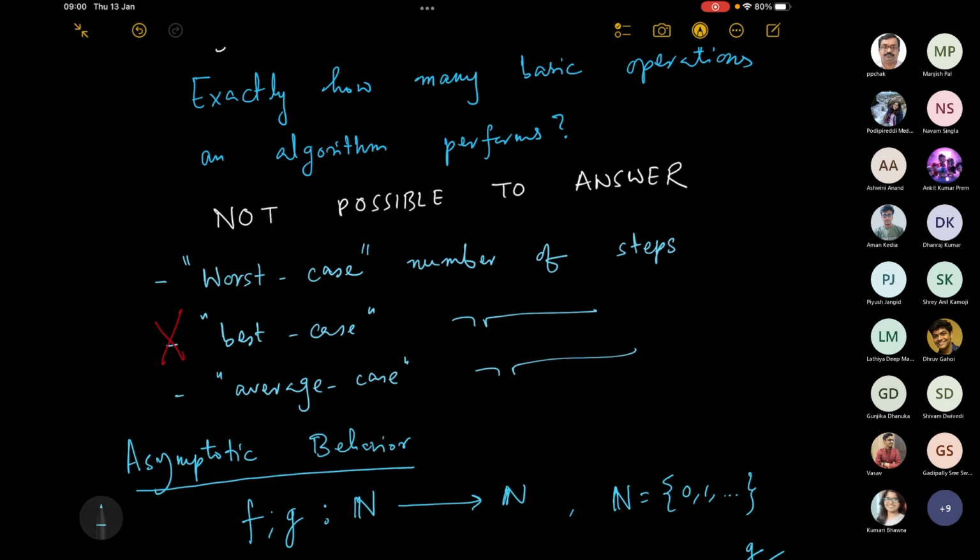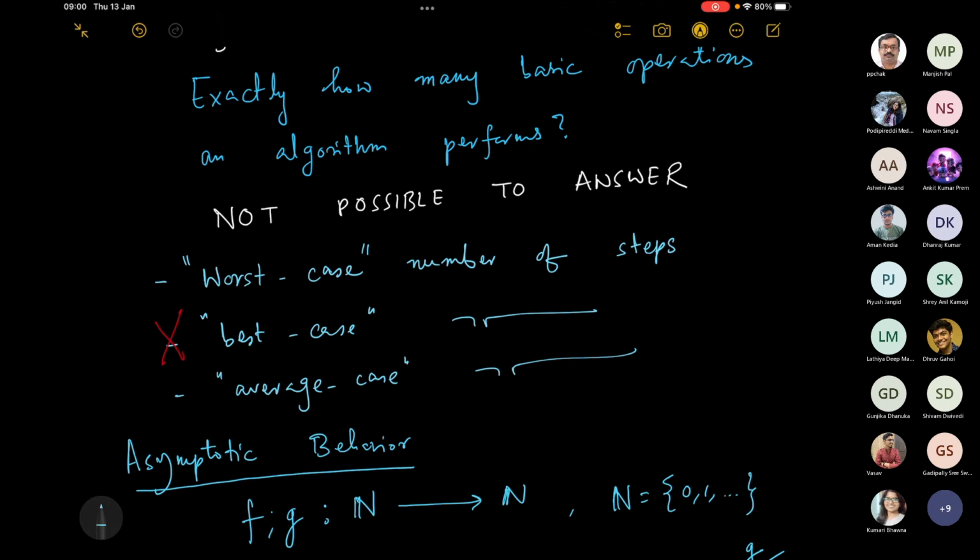Now there, the worst case is the benchmark. I don't want the average case. I want my algorithm to finish before this much time. So again, you see that it depends not only on the algorithm, not only on the problem, but on the application also, which one you will consider, which one you will give most priority: worst case, best case, or average case.